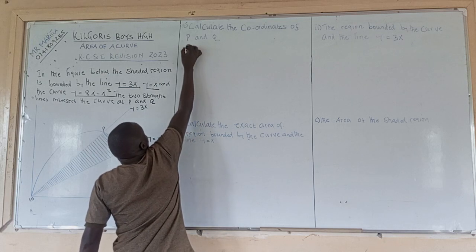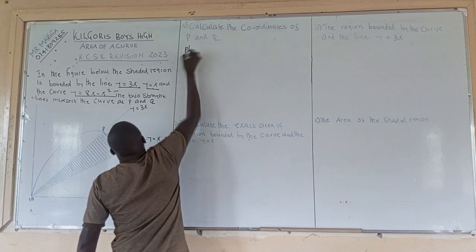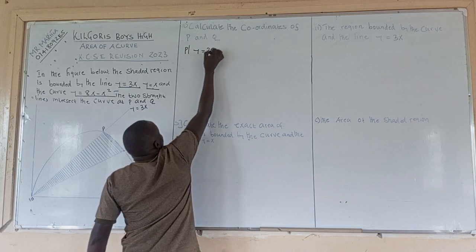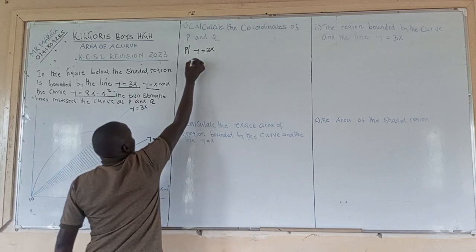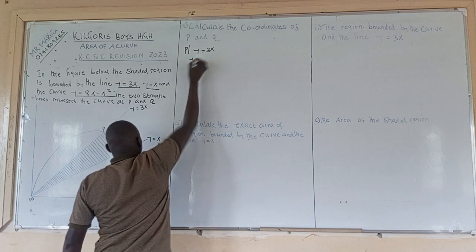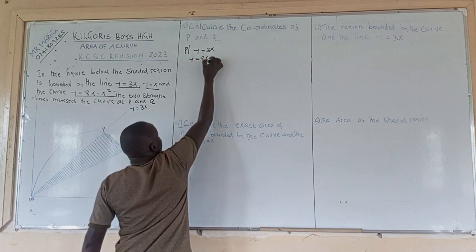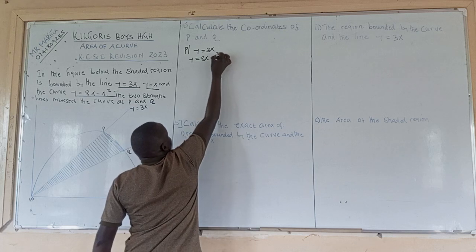For the coordinates of P, we use the line y = 3x and the curve y = 8x minus x squared.